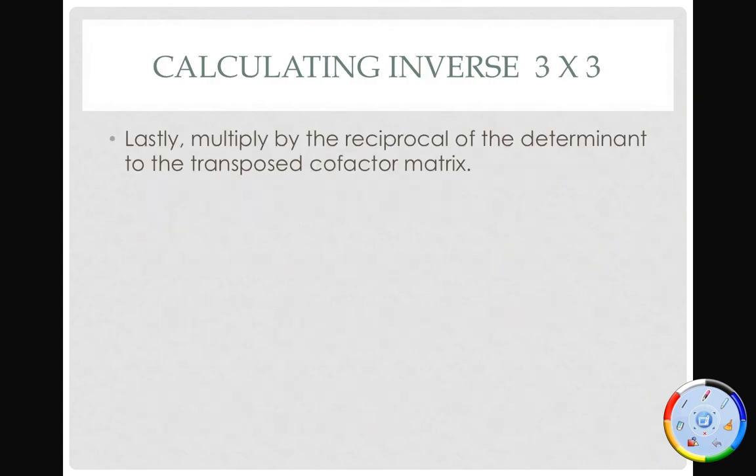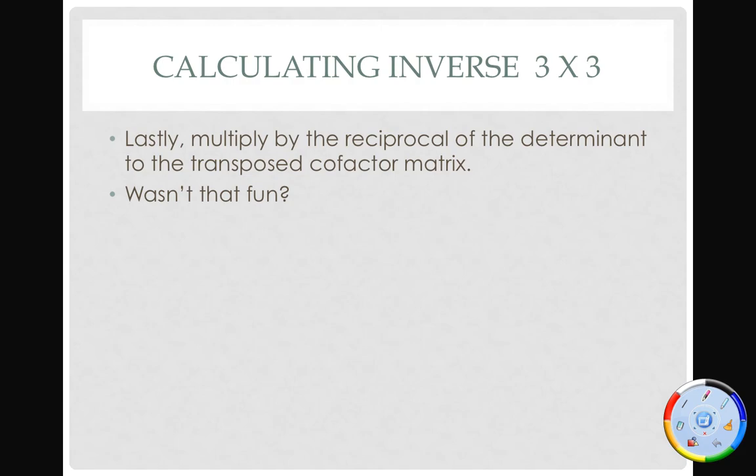Now we can actually calculate. Now that you have that transposed matrix, you can multiply the transposed cofactor matrix by the reciprocal of the determinant of the original matrix.